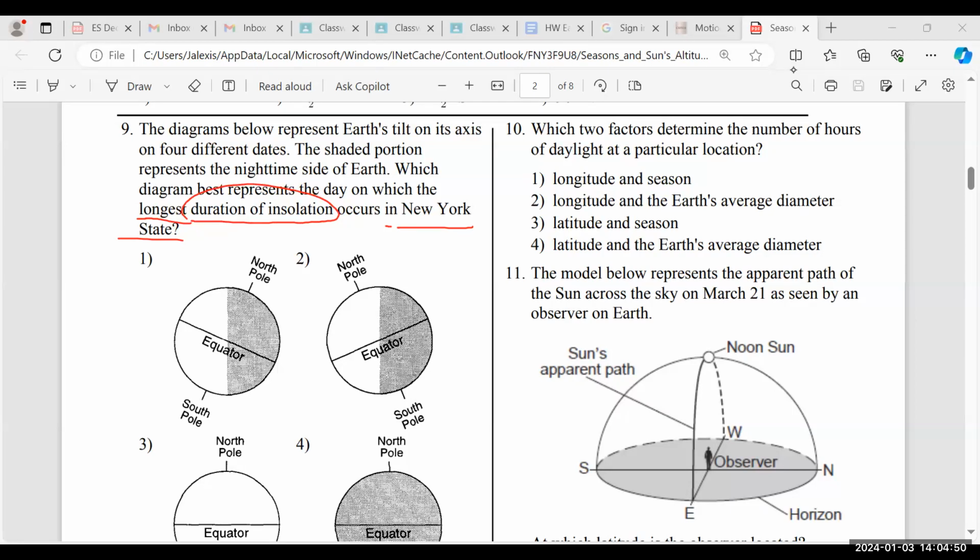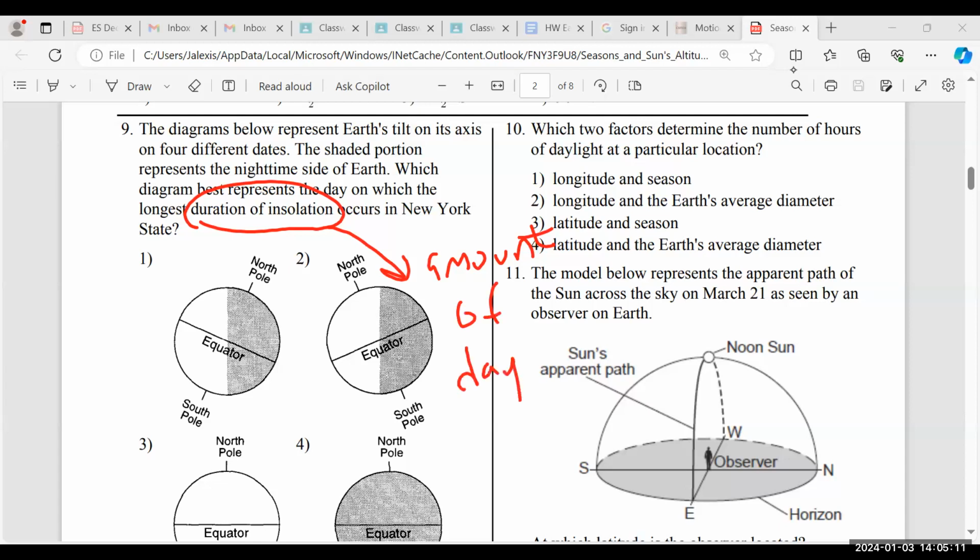So duration of insolation, you know what that means? Duration of insolation means the amount of daylight hours.